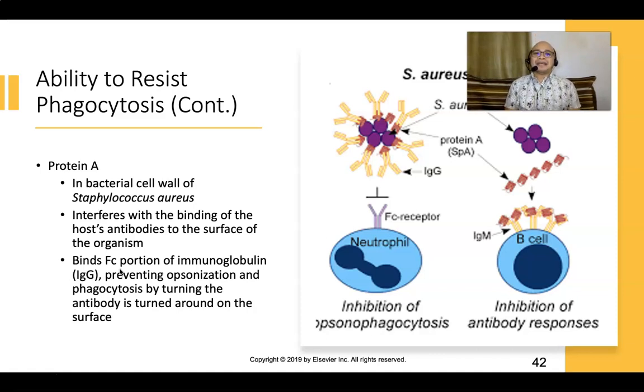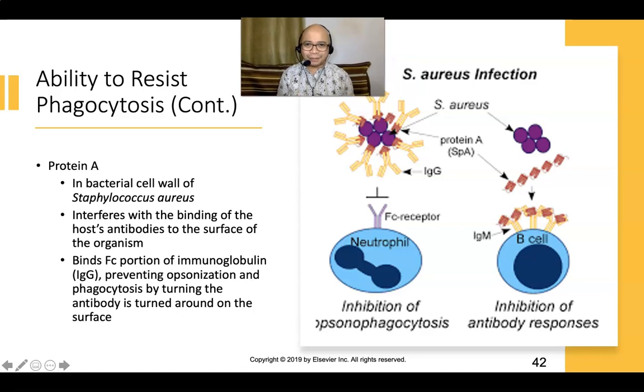There are also some factors that enable them to resist phagocytosis. One of them is protein A. Protein A is actually one of the major virulence factors of Staphylococcus aureus, and it is found in the cell wall of Staphylococcus aureus.